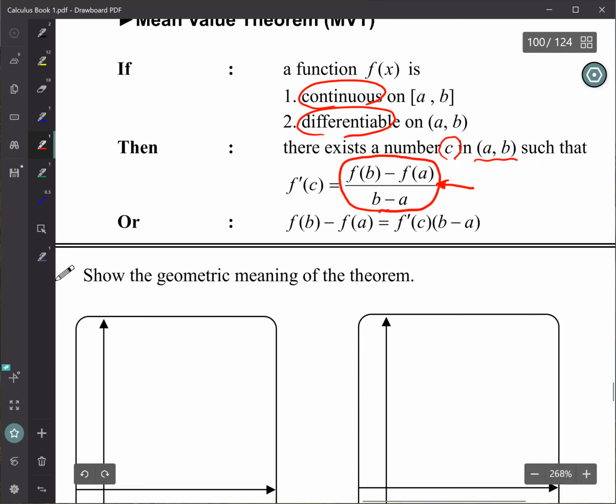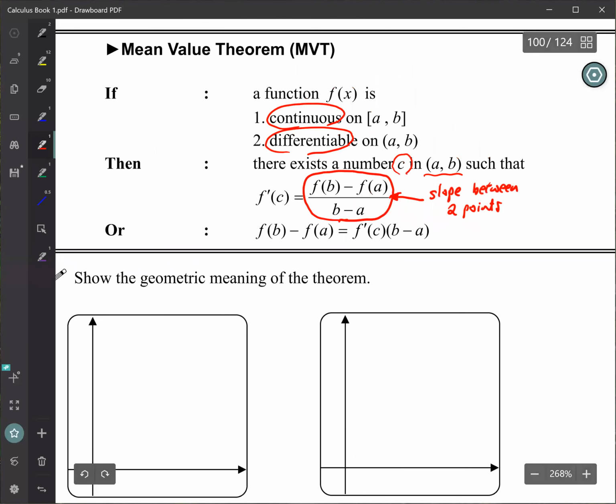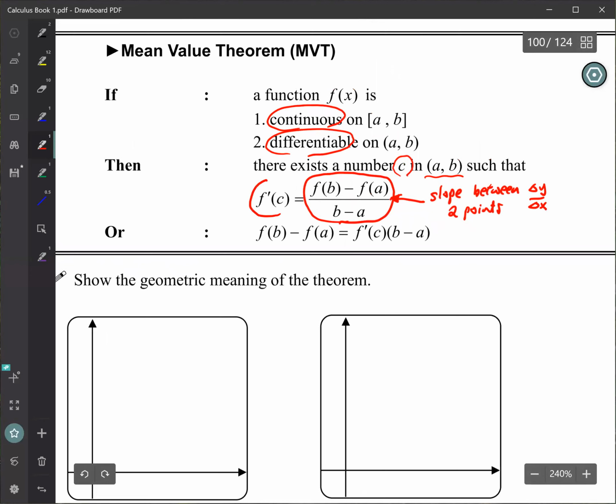That's right. The right hand side just represents the slope between 2 points, the 2 endpoints a and b. So delta y over delta x, and then the left side is the slope of the tangent.